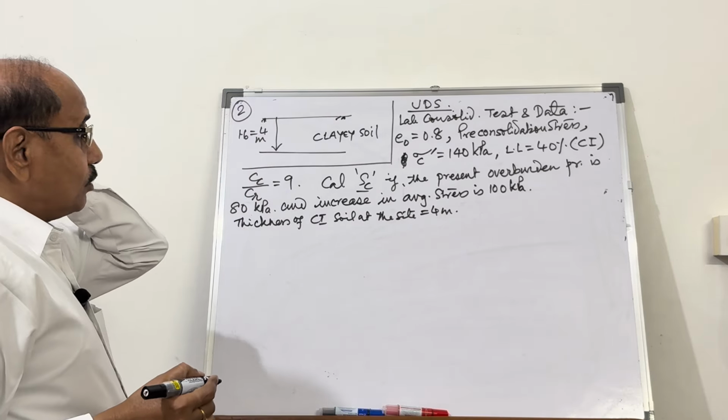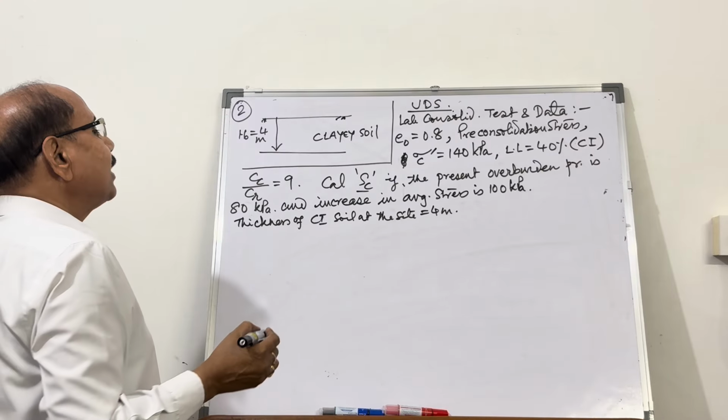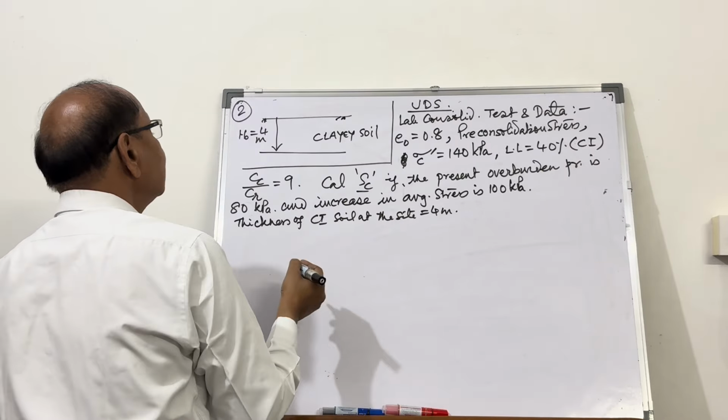It looks quite simple, because if you want to calculate the consolidation settlement, you must know the pre-consolidation pressure, and the pre-consolidation pressure is already given to you. It is 100 kilopascal, and the present overburden pressure is 80. So let us look at the solution.